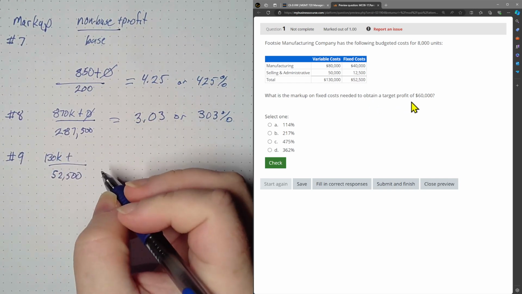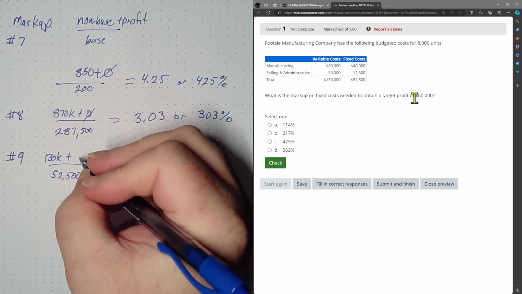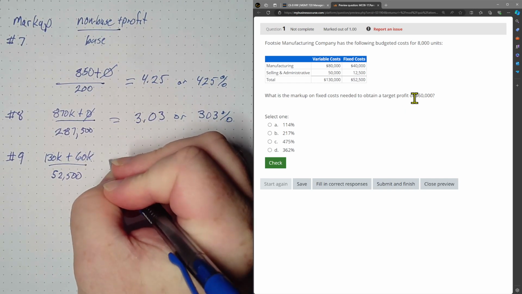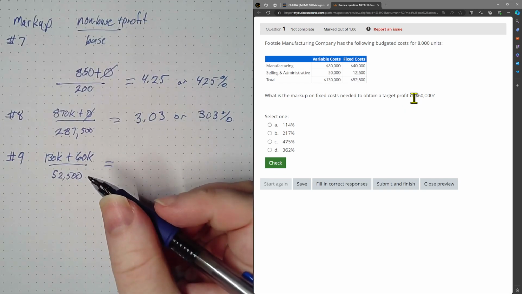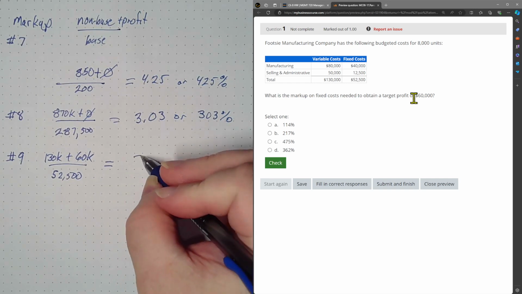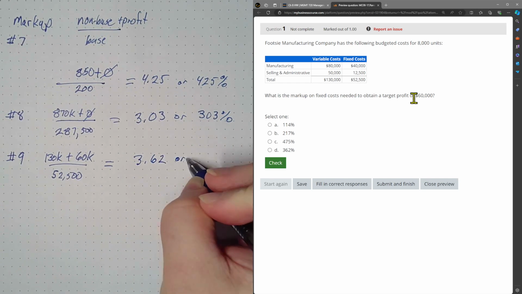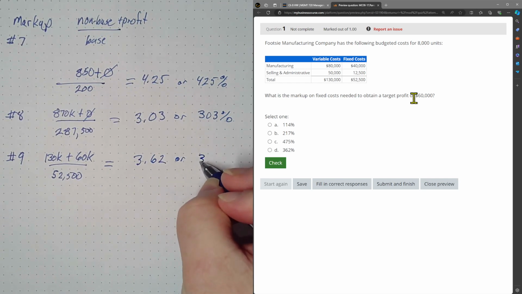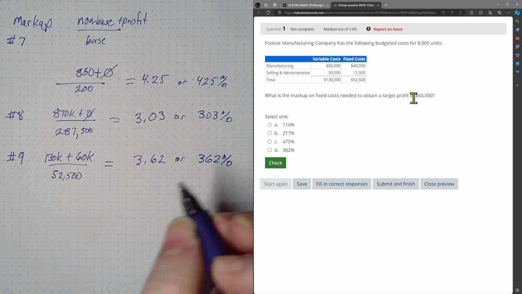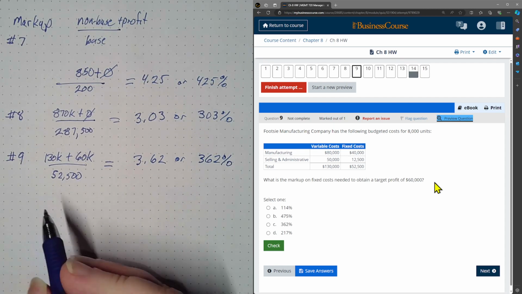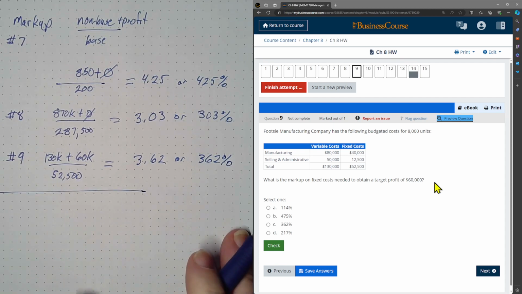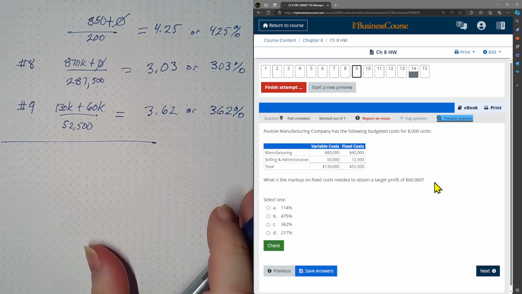But notice, for the first time, we do have a required profit. So we're going to have to add 60K for profit. So this is going to be 190, right? 190 over 52,500. And that's going to come out to 3.62 or 362%. Okay, so those 3 were the markup. So let's draw a line under that. The next 2 are going to be on target costing.